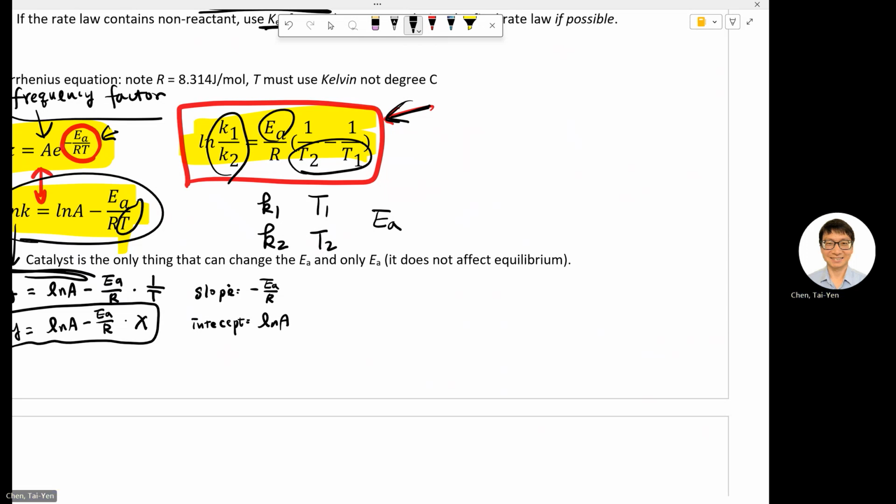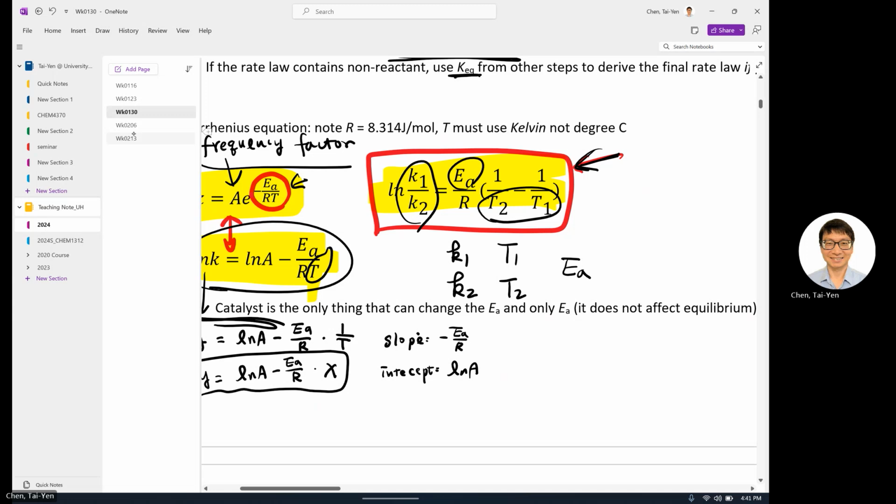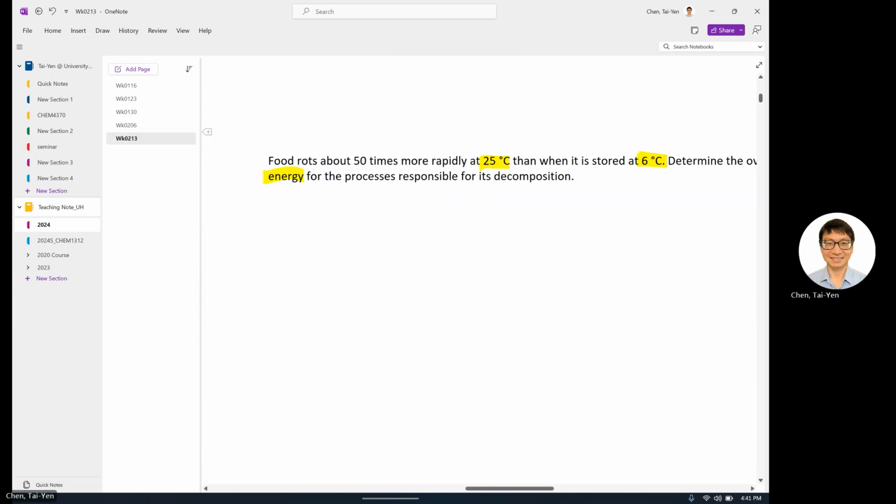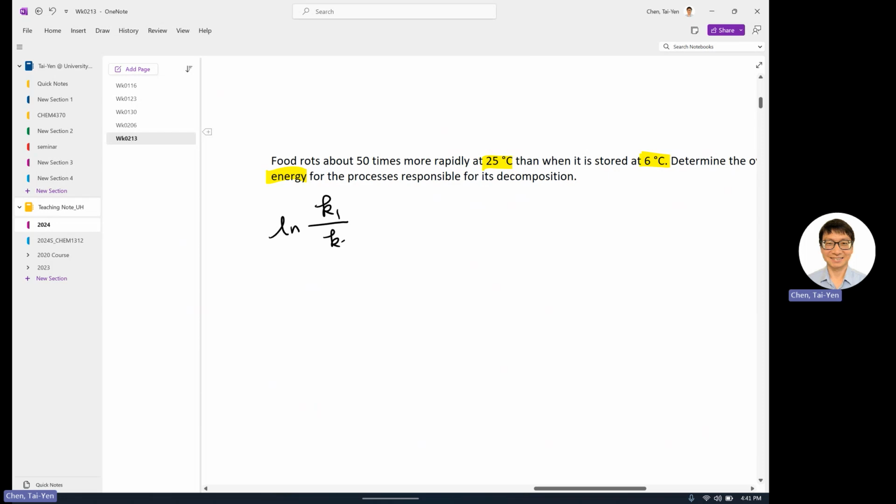All right, so get back to here. Natural log of K1 over K2 equals EA over R, 1 over T2 minus 1 over T1.